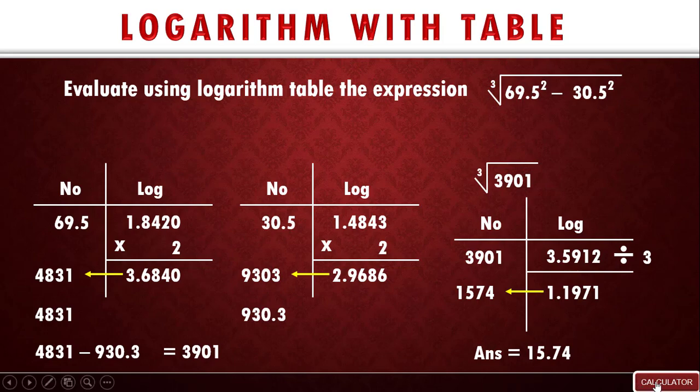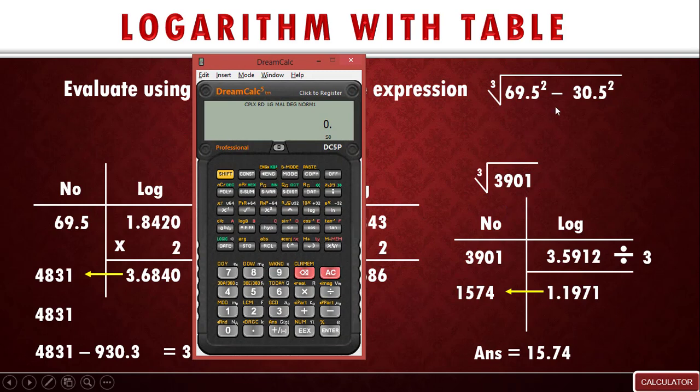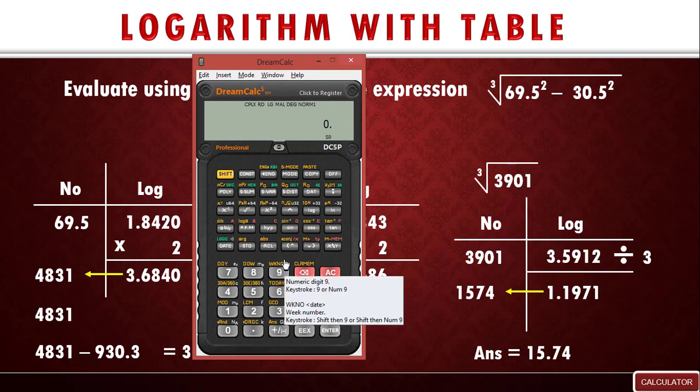So let's do that. Okay, the very first thing we need to do is the cube root, and then we'll place these two in brackets. So let's try to do that.